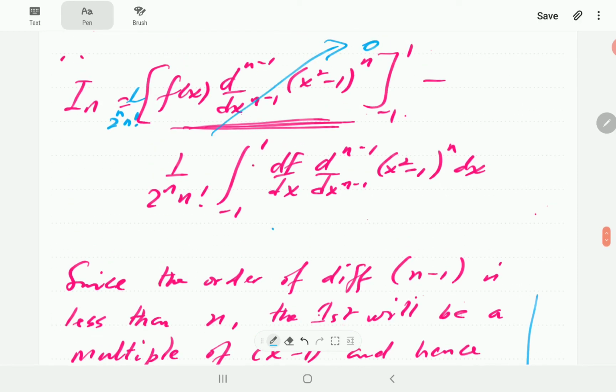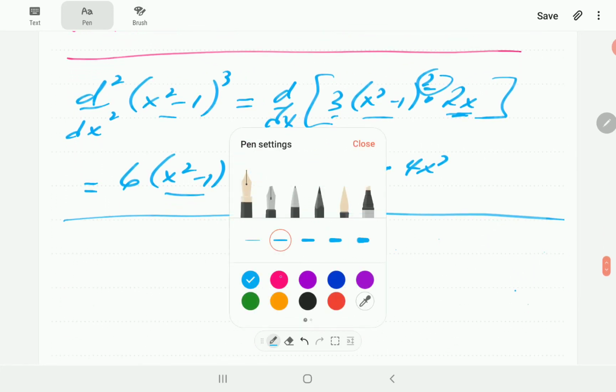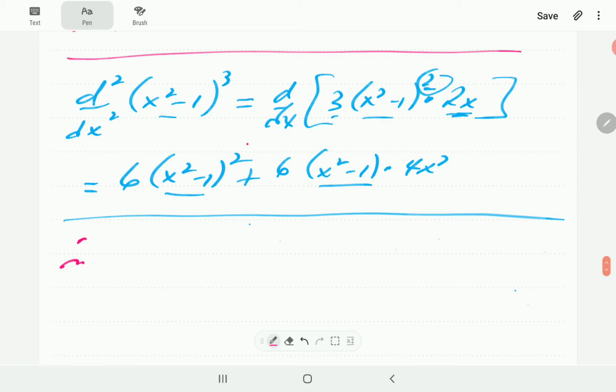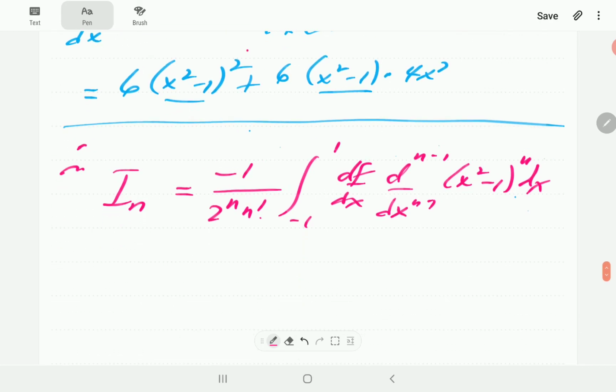So the integral is just equal to that. Therefore I_n is negative 1 over 2 to the power n and n factorial, times the integral of df/dx times the (n minus 1)th order derivative of (x squared minus 1) to the power n dx.